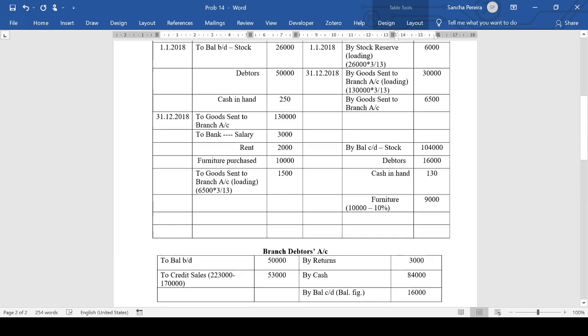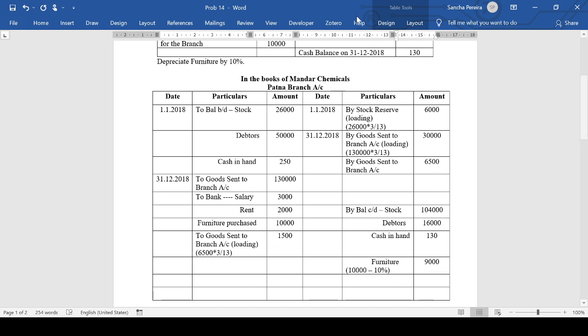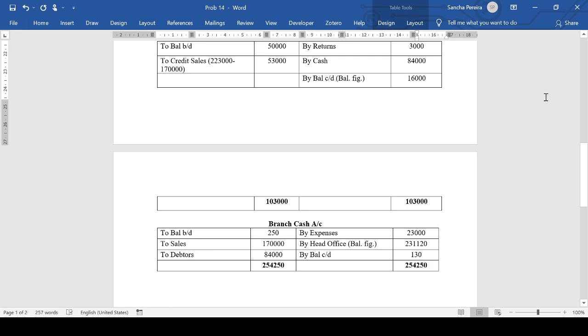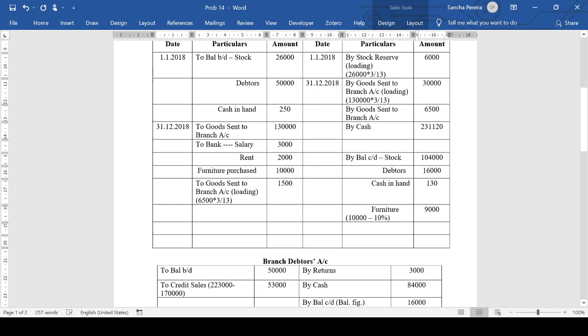Now this is the cash that has been received by the head office from the branch. So by cash 2,31,120. So this cash has come from here. This problem is slightly different as compared to the previous ones.